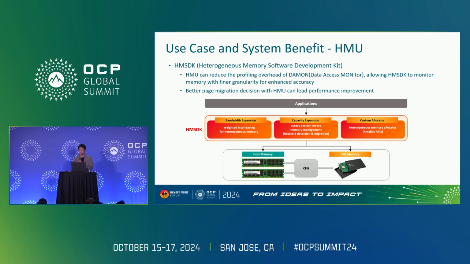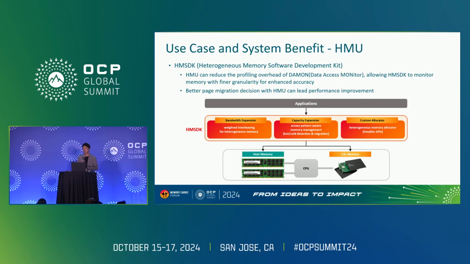In scenarios involving capacity expansion through CXL memory, as in the middle of this slide, the hot and cold page detection and migration are managed using the DAMON daemon, the data access monitor.